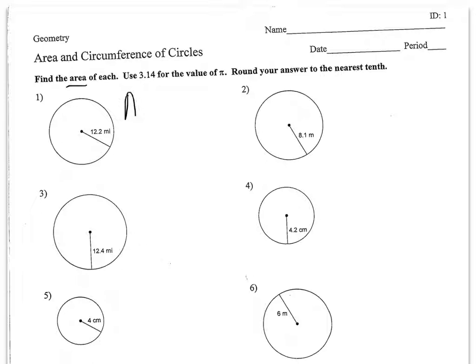So area, we know, equals pi, which is 3.14, times the radius squared. So, we'll write it out again. A equals, what number is pi? We know it's 3.14, so let's put in 3.14 for where pi was. Next, we have r. R is the radius. Our radius in this problem is 12.2. And then, of course, we square it.